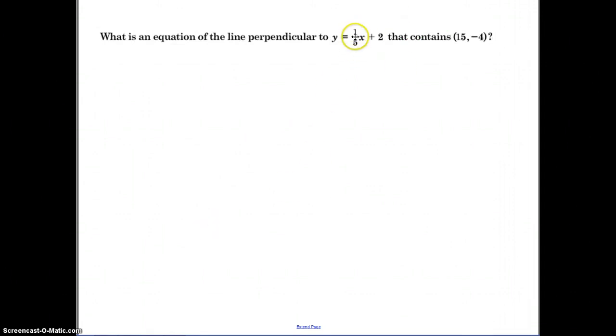Okay? Alright, now let's do an equation to make sure we've got perpendicular slopes and we've got point slope down pat. So if I want the equation of the line perpendicular to y equals 1/5 of x plus 2 and contains the point 15, -4, well, the information I need is this slope right here. The slope here is 1/5. But I need the slope that is perpendicular. So the slope that is perpendicular to that is its opposite reciprocal. My slope I need is -5.